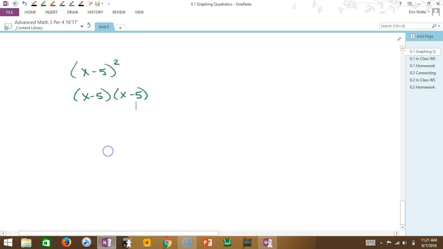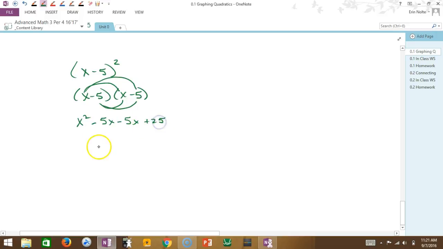Okay, so if I FOIL this, first, x times x is x squared. Outers, x times negative 5, negative 5x. Inners, negative 5 times x, negative 5x. And last, negative 5 times negative 5.